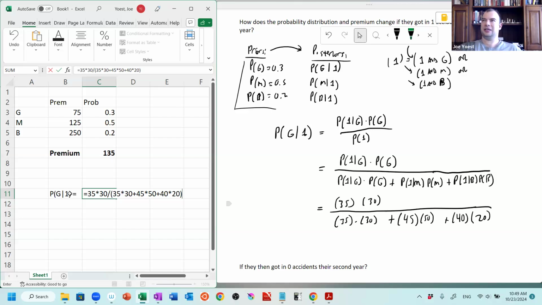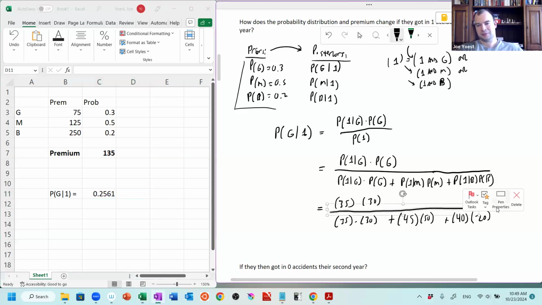That would give me about 900 if I didn't put any parentheses here. We want to make sure this whole thing is in parentheses so that it's all in the denominator, whether we're doing this on Excel or a calculator. But this gives me about 0.26.